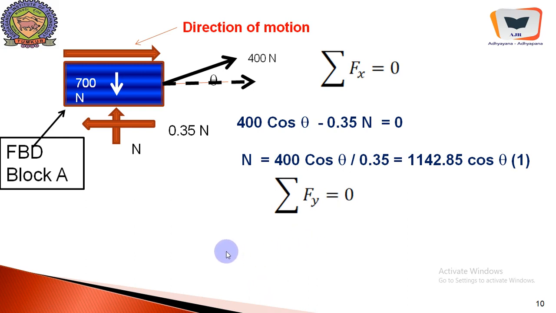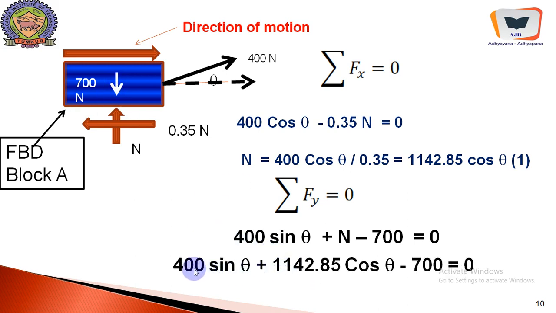Sigma Fy equal to 0 will enable us to write 400 sin theta, that is going up, plus N, which is also going up, minus 700, the weight which is coming down, and we will develop an equation. Now 400 sin theta will remain as it is. N is replaced by the relationship gotten in equation number 1, and minus 700.